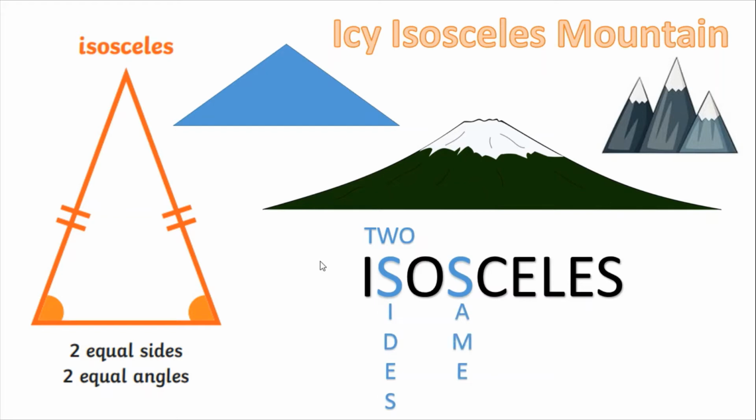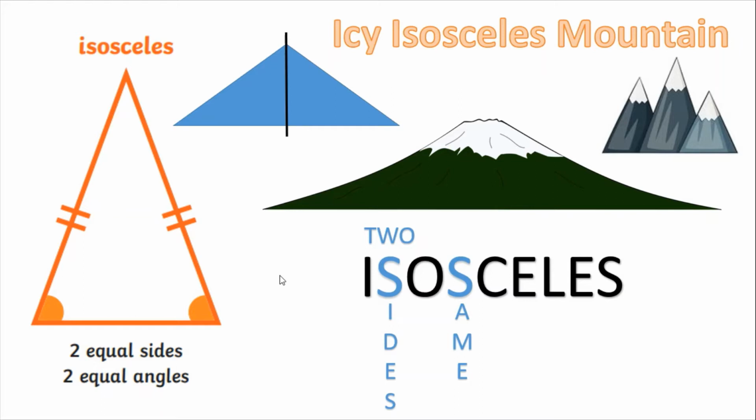Isosceles, 2 sides the same. Okay, that's one way to try and help you remember. And we can also think of an icy isosceles mountain. An icy isosceles mountain.